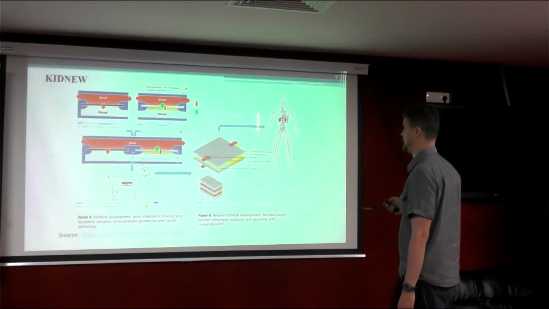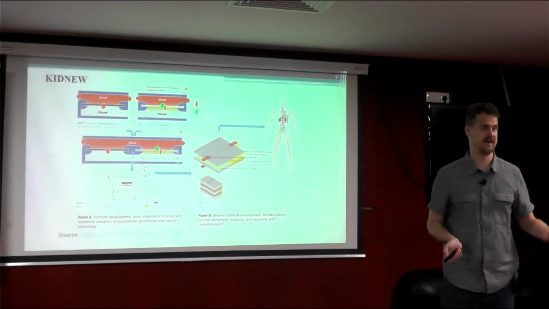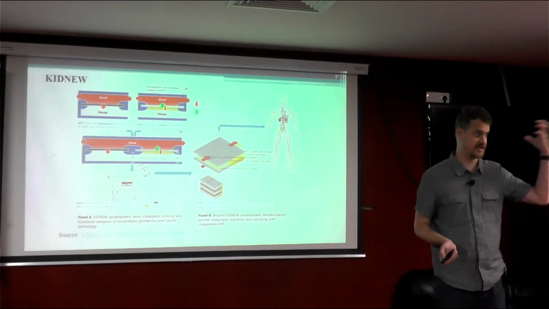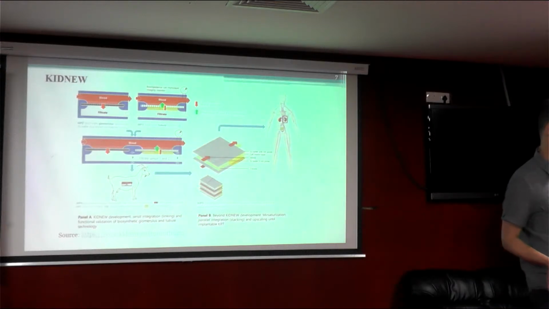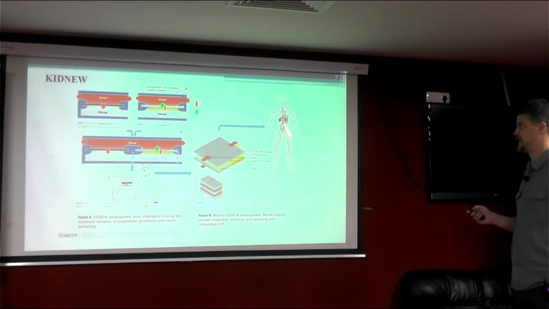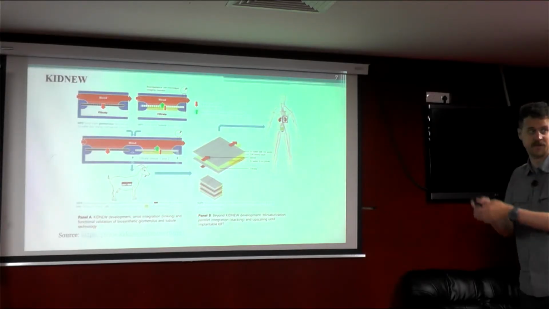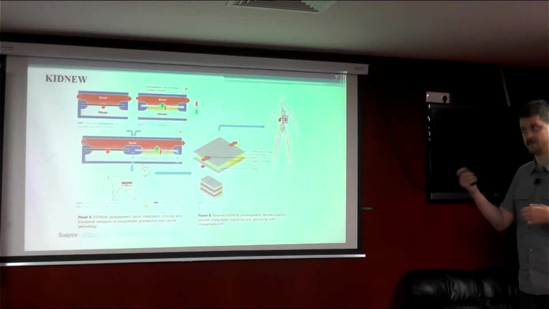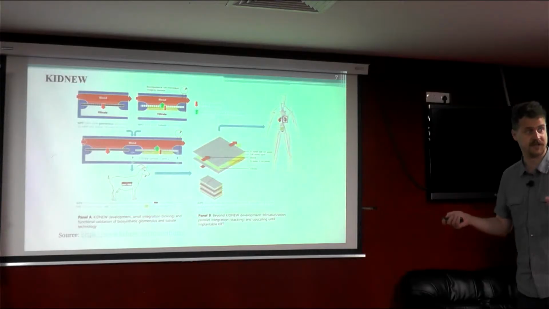So in that case, the most obvious idea would be to use the heart as a natural pump that would recirculate this blood through the implantable artificial kidney device. So for that matter, you need to develop the membranes that would provide the efficient blood filtration flow in order to achieve parameters that would be close enough to the glomerular filtration rate of the natural kidney.